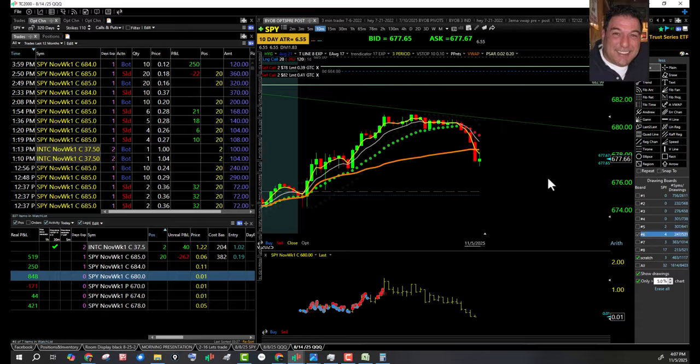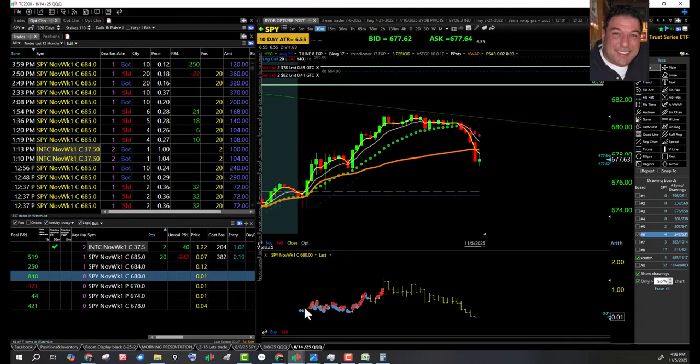They would expire at 4:15 because there are 0 DTE options on the indices, and that'd be the SPY. So the SPY index options expire at 4:15, while security options expire at 4 p.m. So this is the nature in which I trade, and there's a reason for it because they will expire, probably worthless. So I just snatch and go.